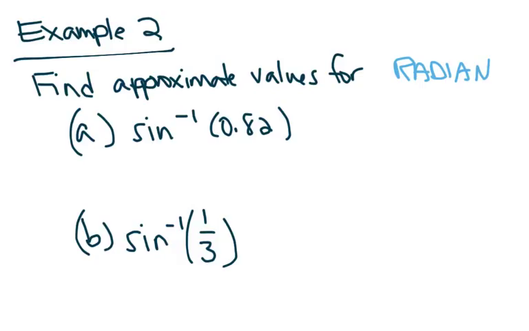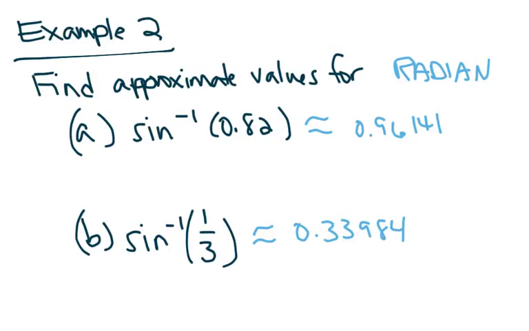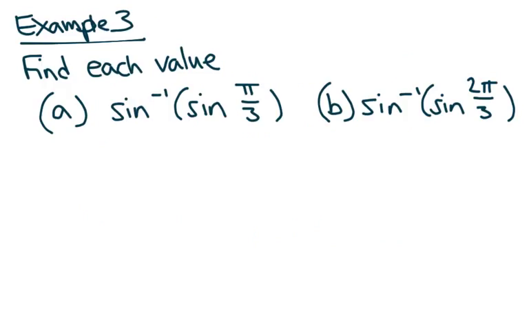And then just plug into your calculator inverse sine 0.82, and you should get approximately 0.96141. And if you put into your calculator inverse sine 1/3, you should get approximately 0.33984.